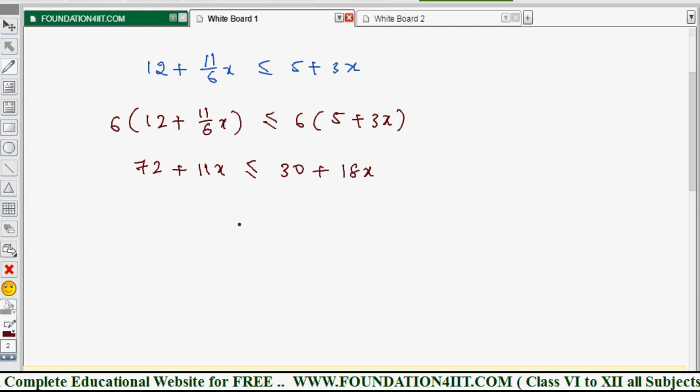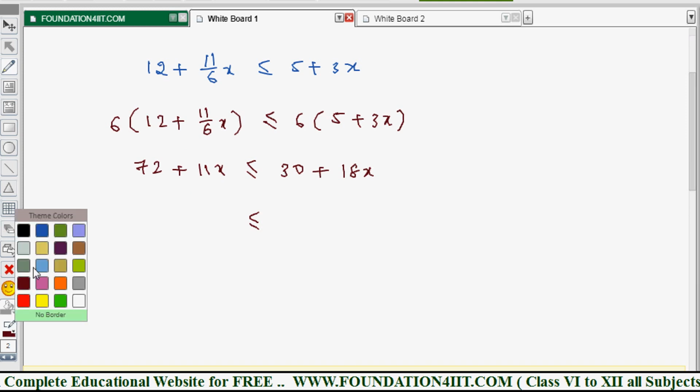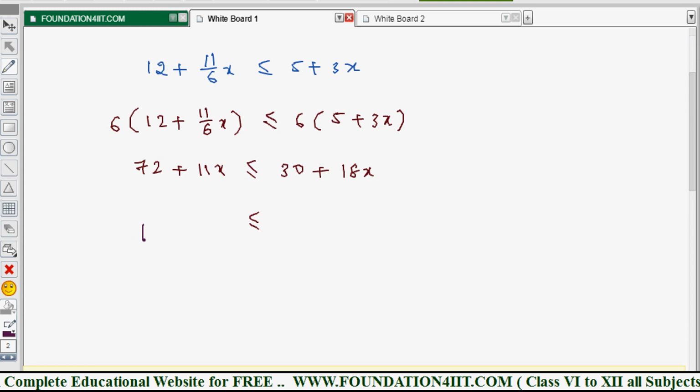Now take the like terms to one side. So 11x is here, same inequality symbol. The inequality does not change when you take the terms from one side to the other side. So like terms I am taking to one side. 11x and 18x is on the right side. We take it to the left as minus 18x.